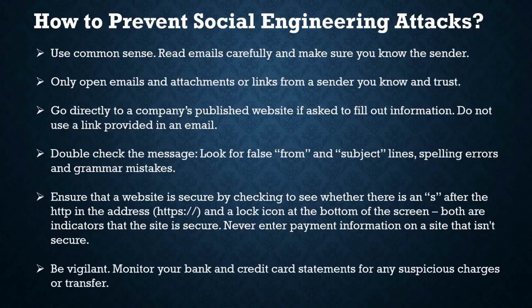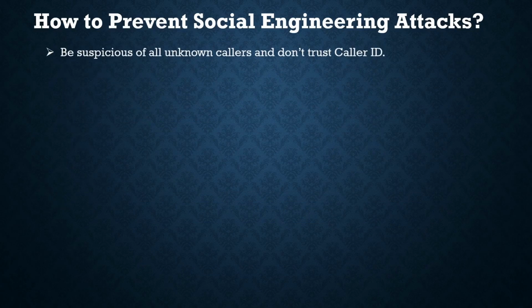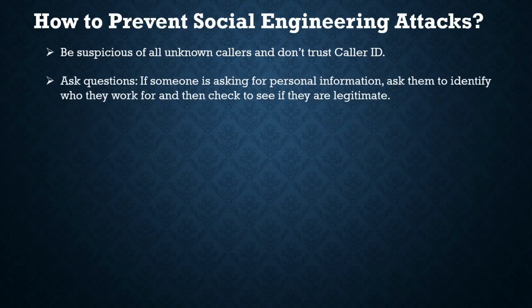Next is be vigilant. Monitor your bank and credit card statements for any suspicious charges or transfers. Be suspicious of all unknown callers and don't trust caller IDs. This is a tip for phishing attack. Ask questions.